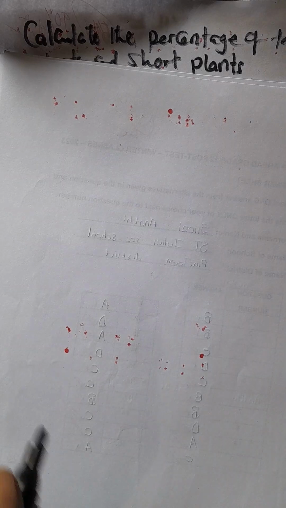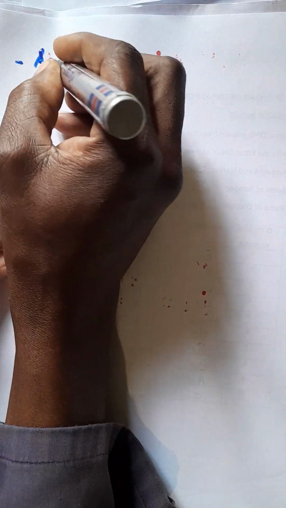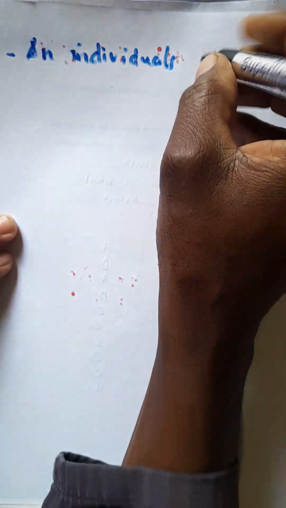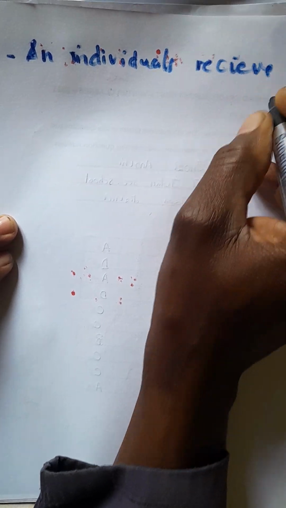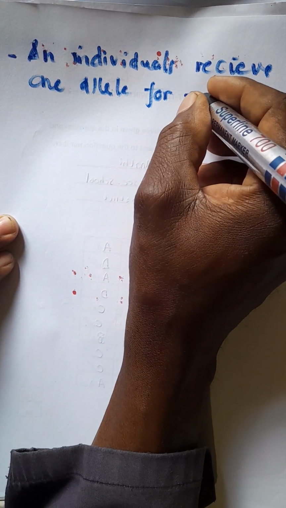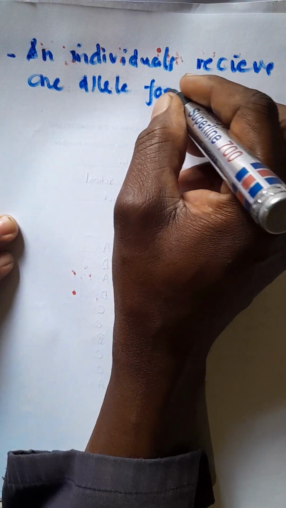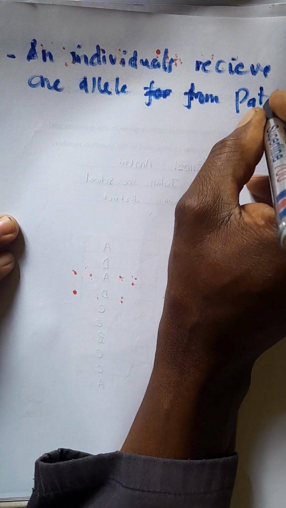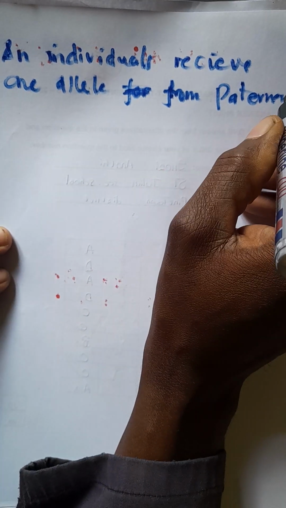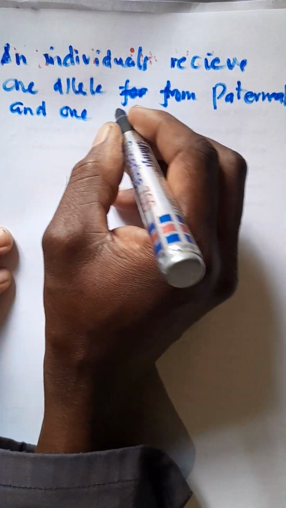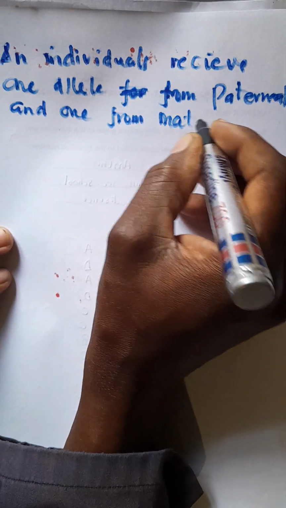So an individual receives one allele from the father, or paternal, and one from the mother, maternal.